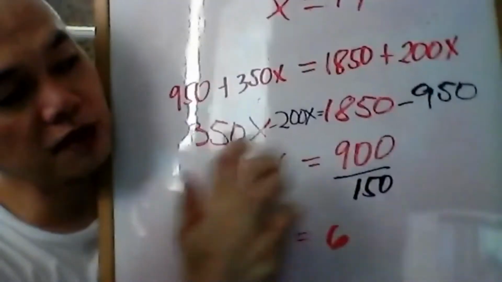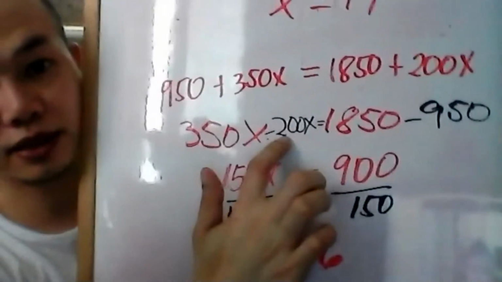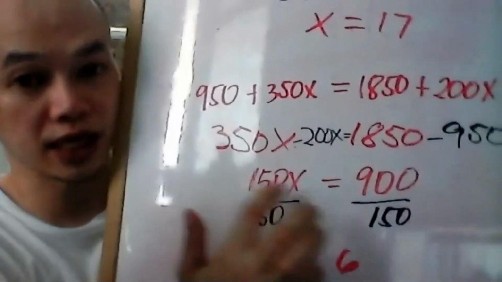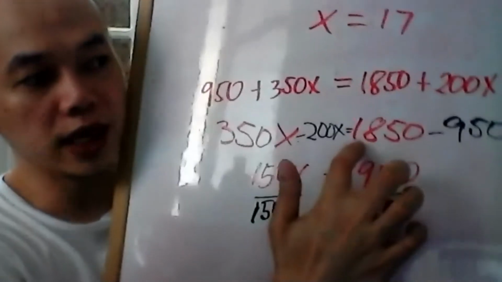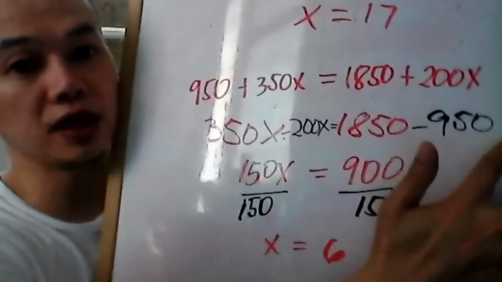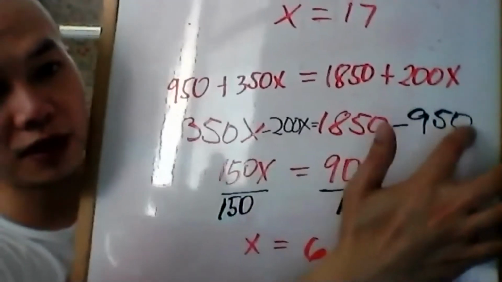On this side, 350x minus 200x, so what's the result? 150x, okay? And then it equals 1,850 minus 950. I'm going to subtract them. Yeah, 1,850 minus 950, that would be 900.